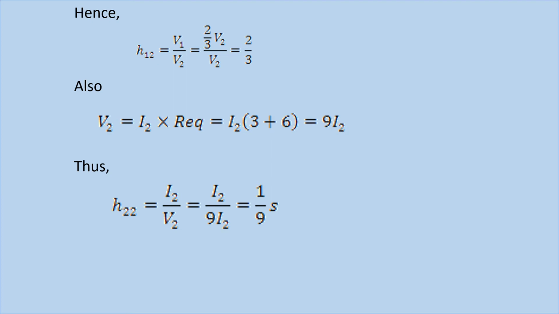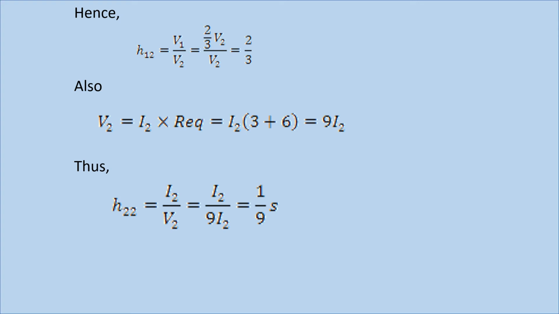H12 equals to minus H21. So I can easily conclude that this is a reciprocal network. The hybrid parameter is a reciprocal network, since our H12 is equals to minus H21.